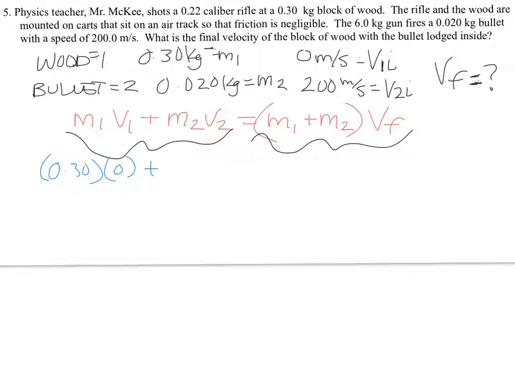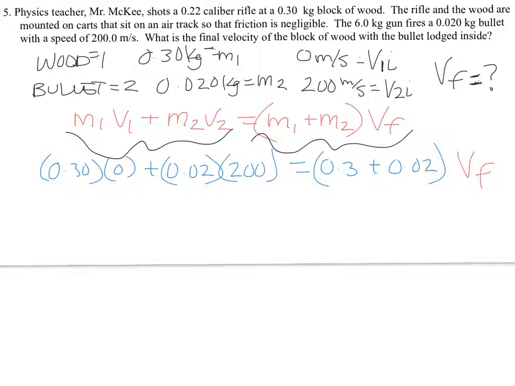Mass 2, the bullet, is 0.02 kilograms and its velocity is 200 to start with. Finally, after the collision, the mass of the two objects is 0.3 kilograms plus 0.02 kilograms. And we know that together they are going to have the same final velocity. We don't know what that is yet, but we know it's going to be the same.